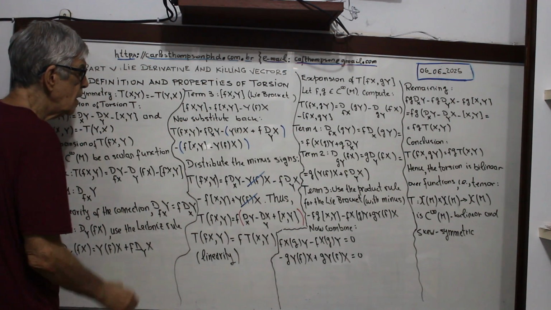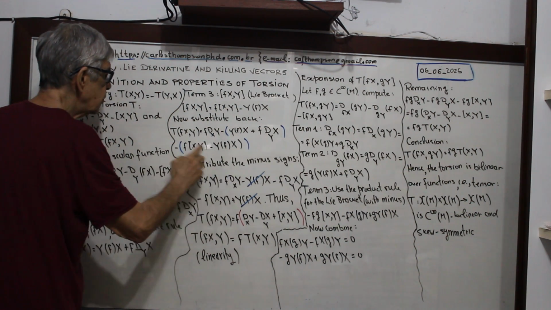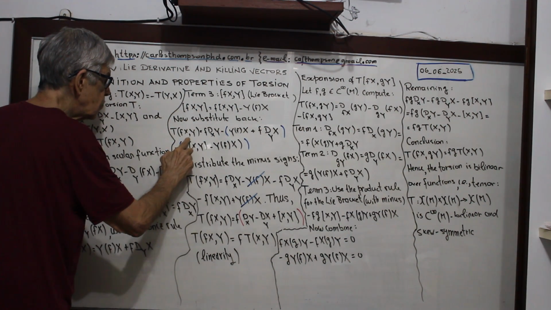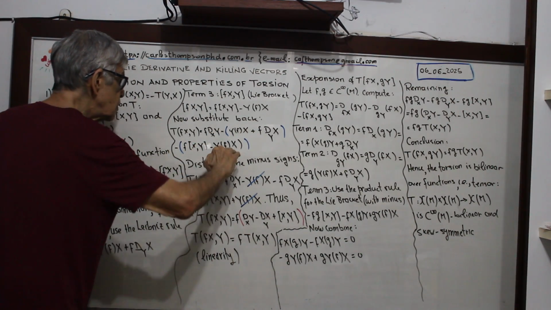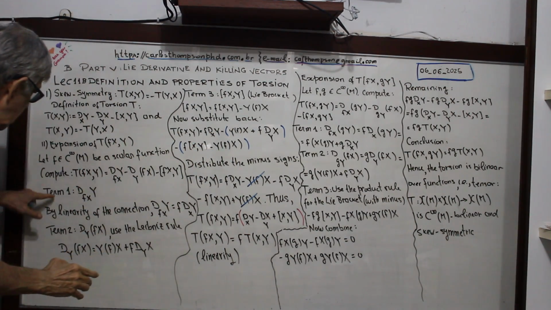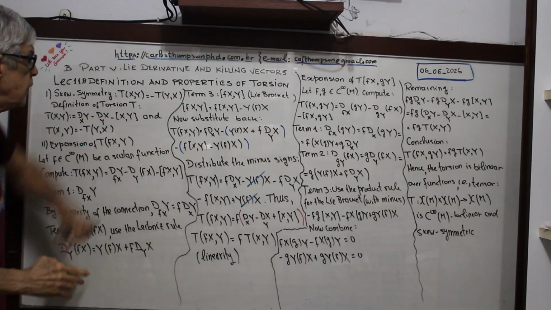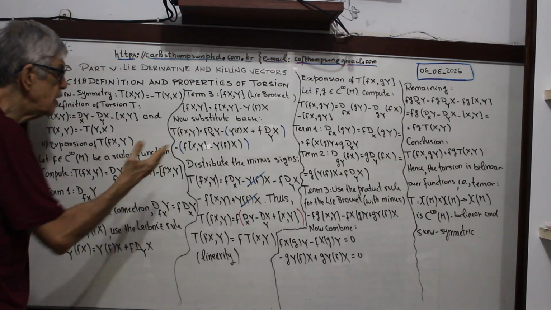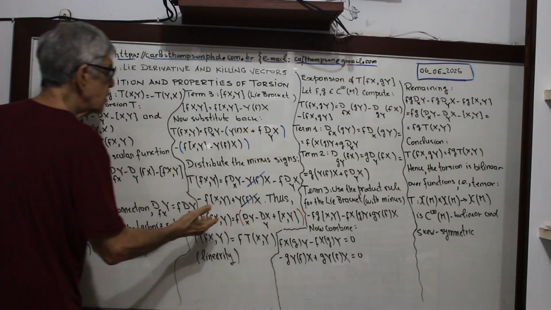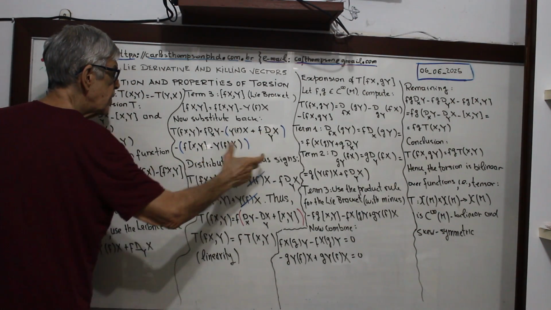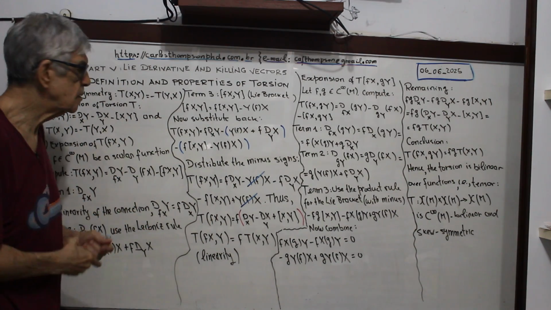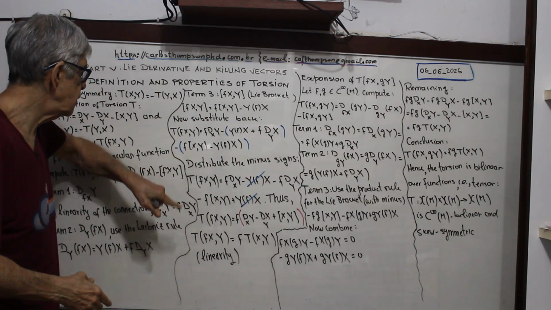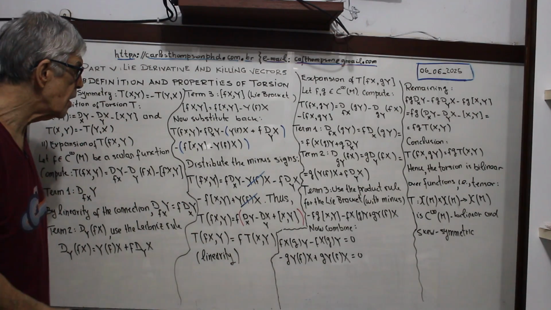Now substitute back T(fx, y). You just substitute terms 1, 2, and 3. And this leads to this relation here. I put the blue parenthesis just to emphasize this minus sign here and this minus sign over there.